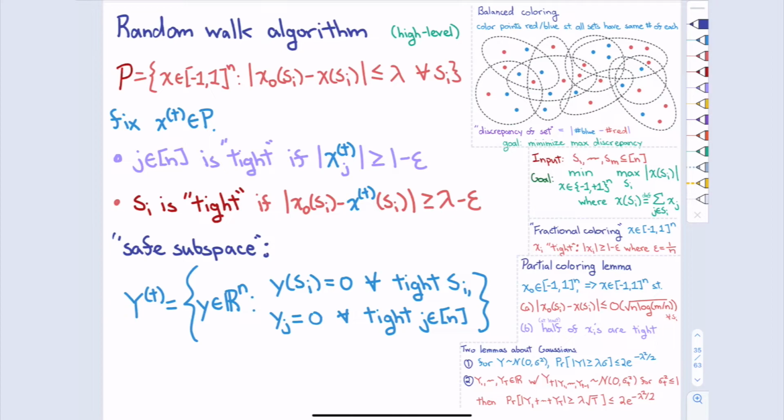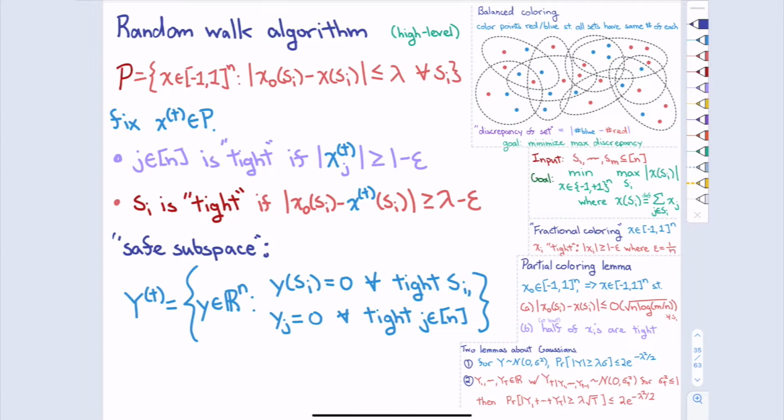If I move in a direction that's in the safe subspace, I'm not going to be affecting any of the tight coordinates or any of the tight sets. So if my change from x_t to x_{t+1} lies in y_t, then for all the tight sets, the change in discrepancy of S_i will be 0, and for all my tight coordinates, the change in the coordinate value will be 0.